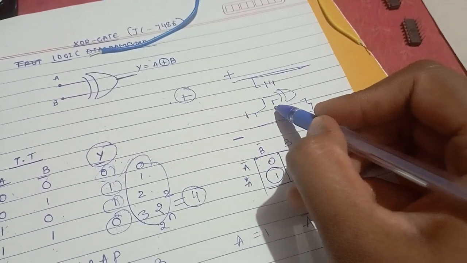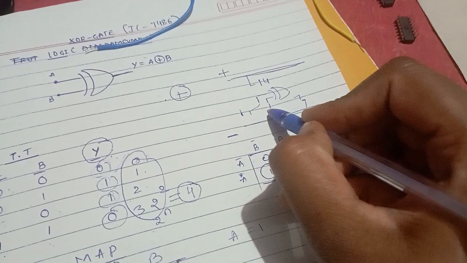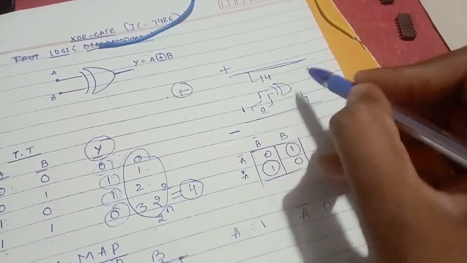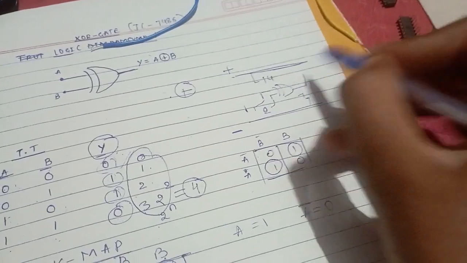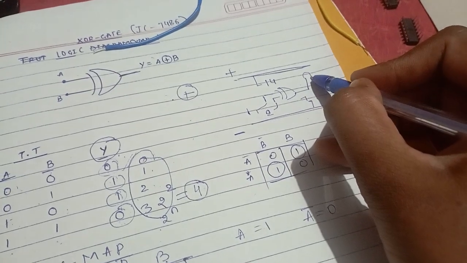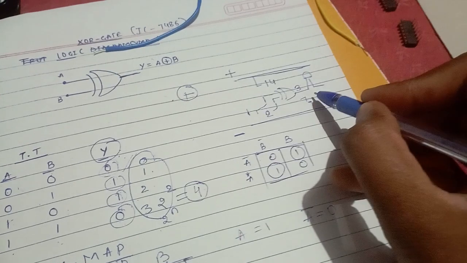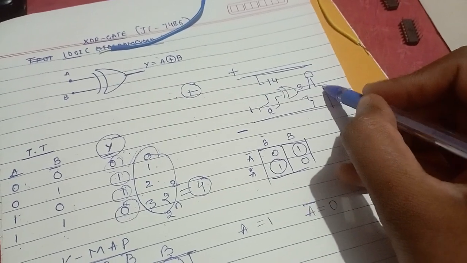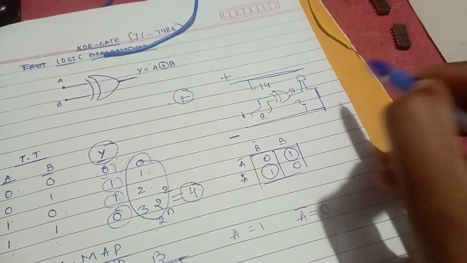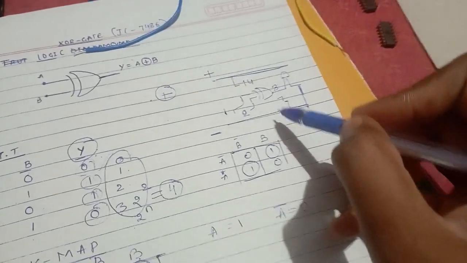I have given two open wires for input, this is 1 and this is 2, and here I have connected an LED at the third pin, and I have grounded the shorter strand of the LED. So this is how the connection is made.